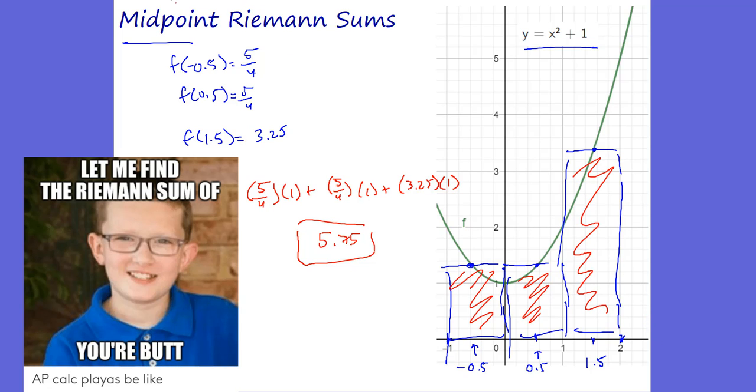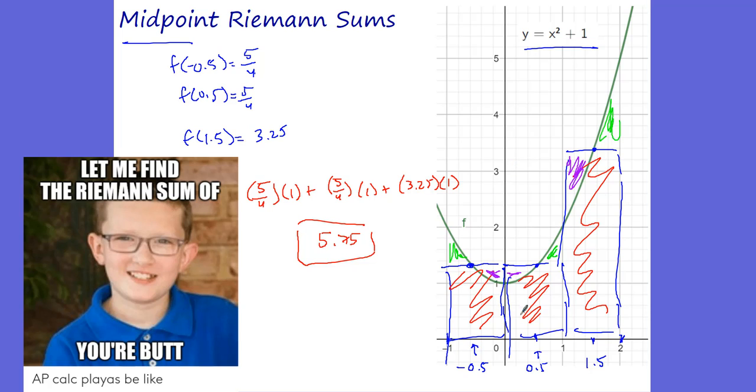Now, of course, you can see this midpoint Riemann sum, we're not taking into account this area and this area and this area, but we are taking into account this area and this area and this area. So this midpoint Riemann sum might be a little bit closer to the exact area underneath this curve.